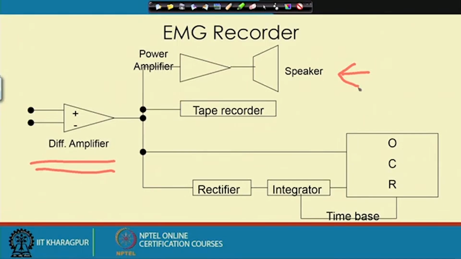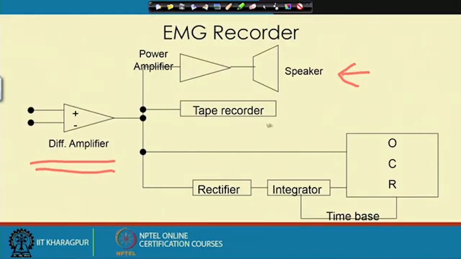We can get some sound due to the EMG signal output. At the level of the sound, we can tell how much EMG signal is generated. If the muscles are not working properly, the level of the signal will go down. So, that can give us an indication about the amount of EMG signal generated or the health of that muscle.